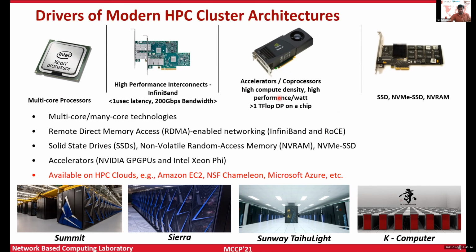And finally, you have the SSDs. We mentioned that there is a lot of data being generated. In order to efficiently access this huge volume of data, you need efficient IO devices as well. That's where high performance IO devices come through. All of these hardware elements drive the creation of modern high performance computing systems.